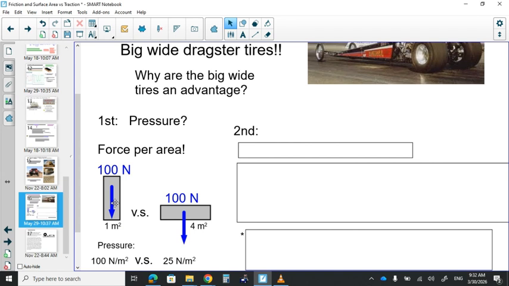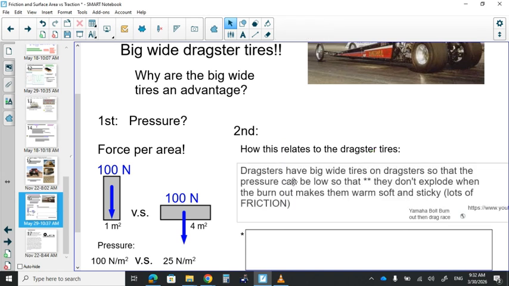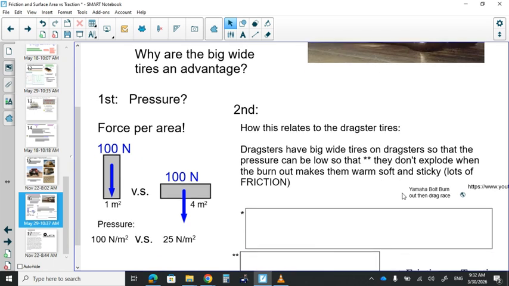Now, the reason they have those super small tires is because that causes less friction, because there's less interaction of electromagnetic forces with the road, right? So with the dragster, they can have really low pressure, so they can get the tires really hot and soft and sticky, and then you end up with lots of traction.